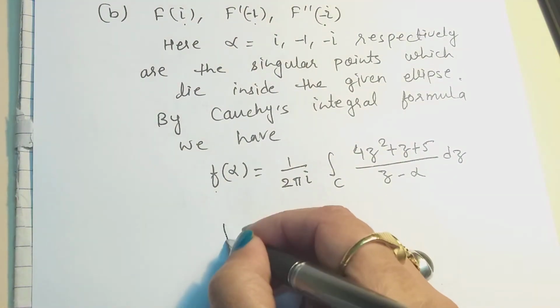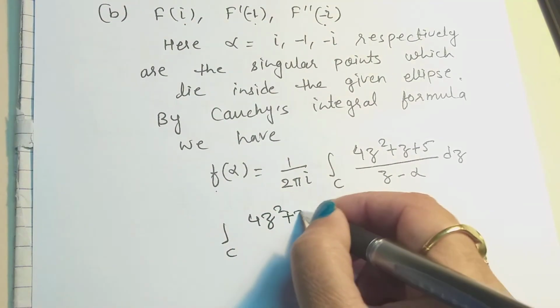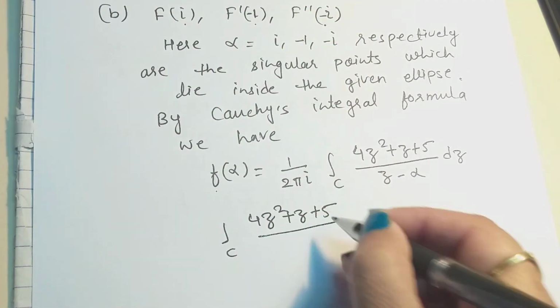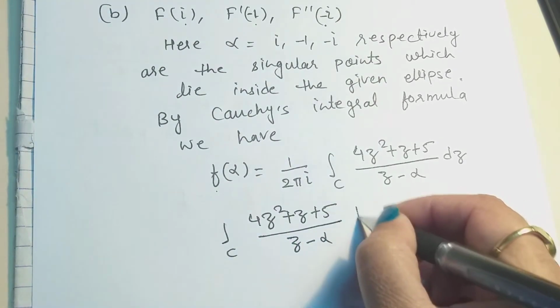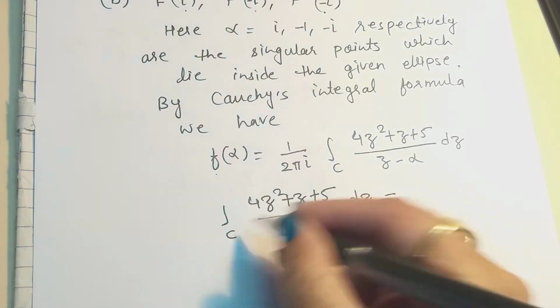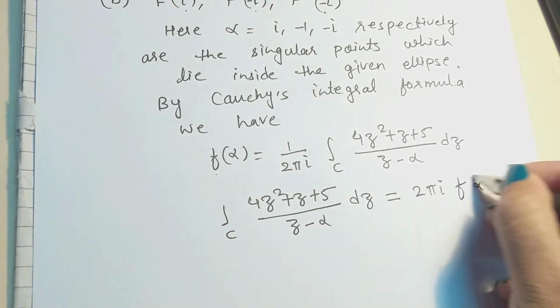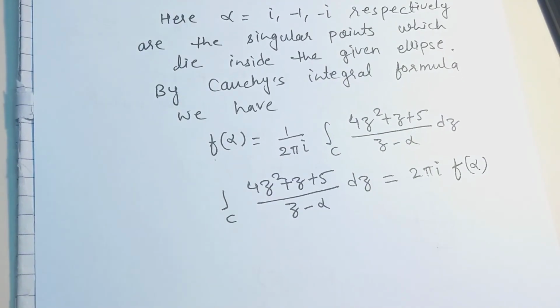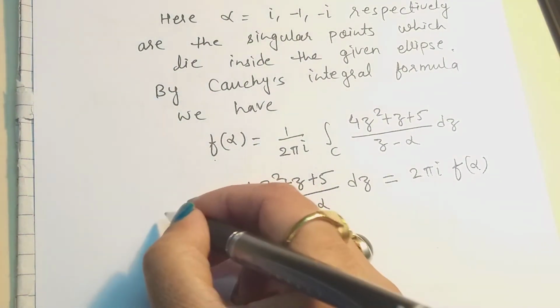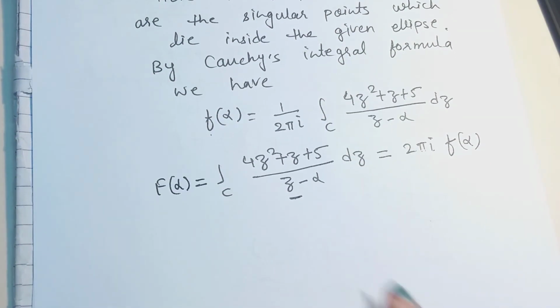So we get the integral of (4z² + z + 5)/(z − α) dz is equal to 2πι f(α). And this value is given as capital F(α).